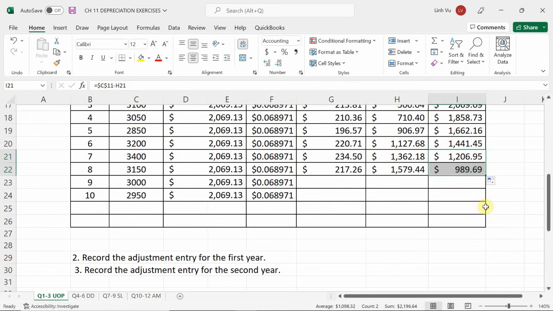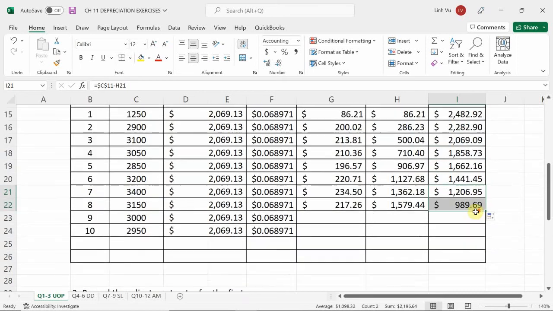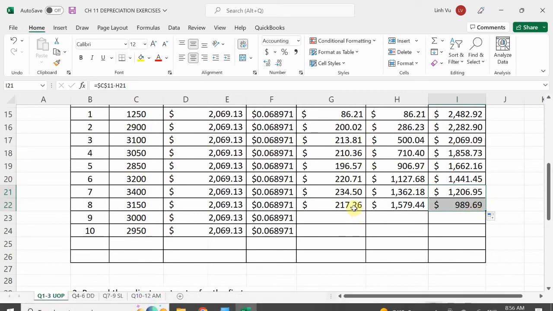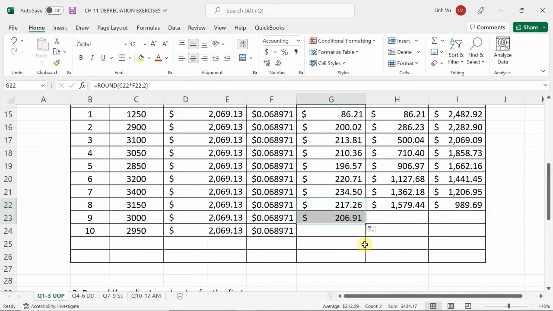Last two here. So if on year 9, I produce 3,000 units, how much is that going to be? $206.91. Okay. Book value is 1786.35.